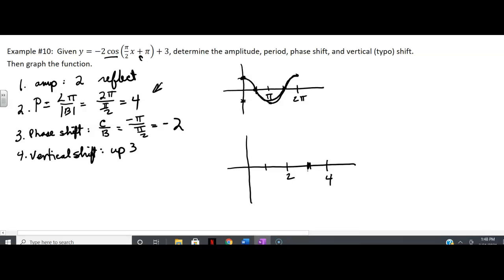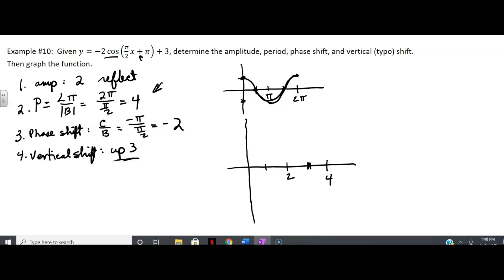Now, amplitude. It has an amplitude of 2, but it's also got a vertical shift up of 3. So we may have to extend our line here a little bit. I'm sorry, it's going to have an amplitude of 2, and it's also going to reflect, and then we're going to have to shift the whole thing up 3.